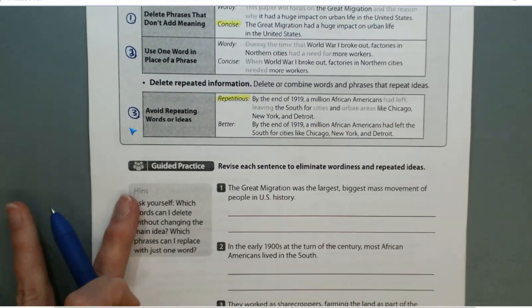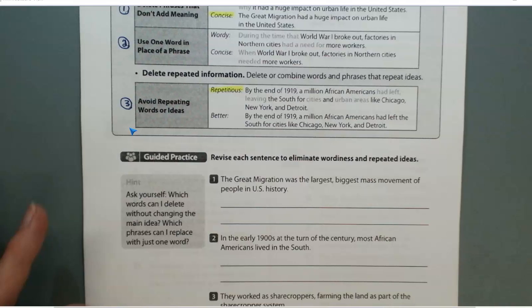The Great Migration was the largest, biggest mass movement of people in the U.S. in U.S. history. So, what do we do? Okay, Drake?